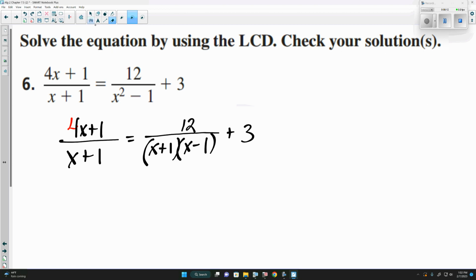So yes, we would multiply everything by x minus 1. And in the middle, the x minus 1 and x minus 1 would cancel. Now the first one, we have x plus 1, so the x plus 1 and x minus 1 aren't the same, so they wouldn't cancel. So we also would need what?